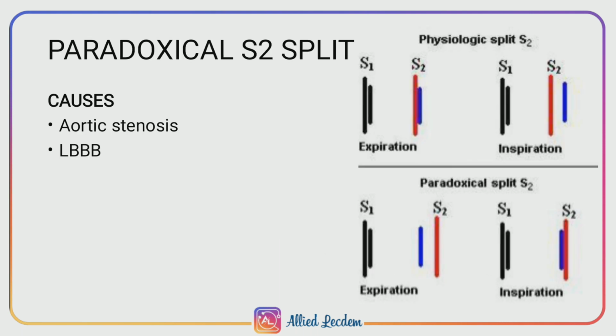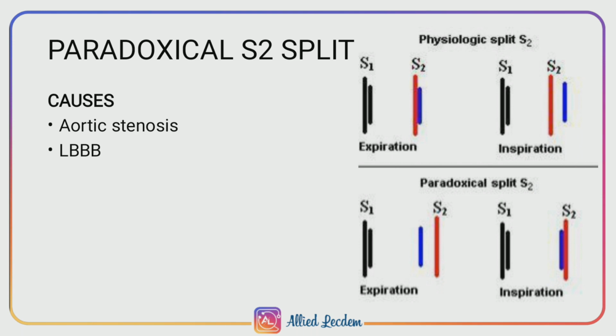Paradoxical splitting. All the previous conditions are associated with pulmonary valve closure, but this condition is associated with aortic valve closure, which is seen in aortic stenosis and left bundle branch block. The red line denotes the aortic valve closure and the blue line denotes the pulmonary valve closure. Physiologically, after aortic closure, the pulmonary valve closes.